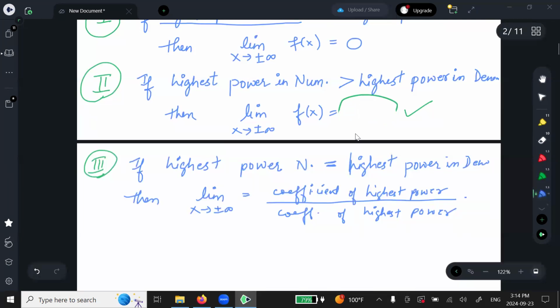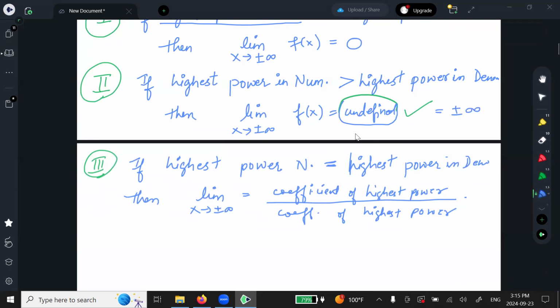Or no, you can say undefined. Yes, undefined will be the same as negative or positive infinity. But yeah, you know, right?